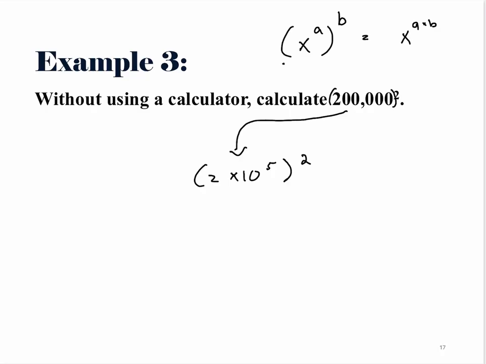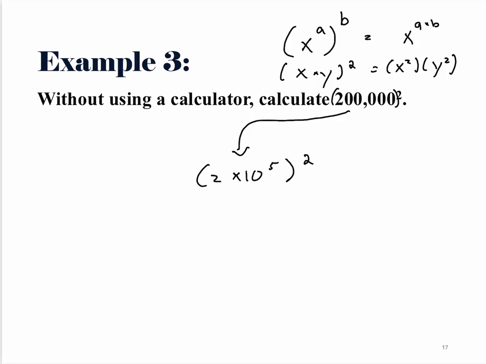Another identity is if we have x times y, squared, this is equal to x squared times y squared. That's another way that we can simplify things. So we can deal with the coefficient and the exponent separately under the square right here.